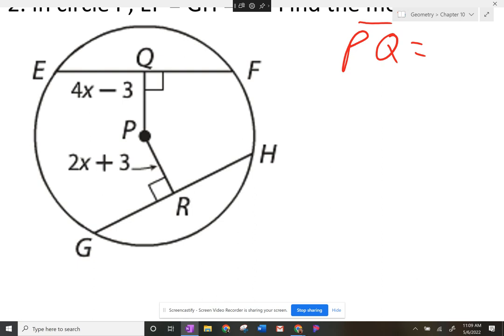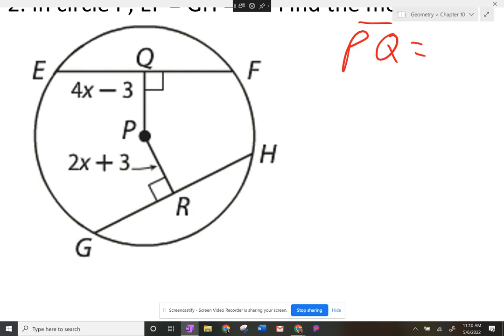These are both going to be the same length, so you're setting both of those equal to each other.